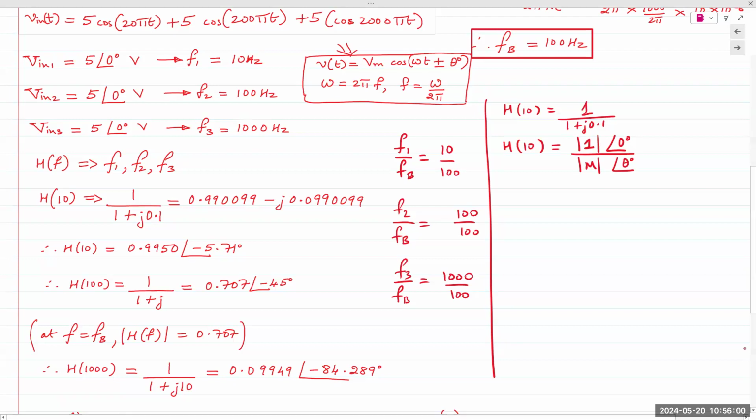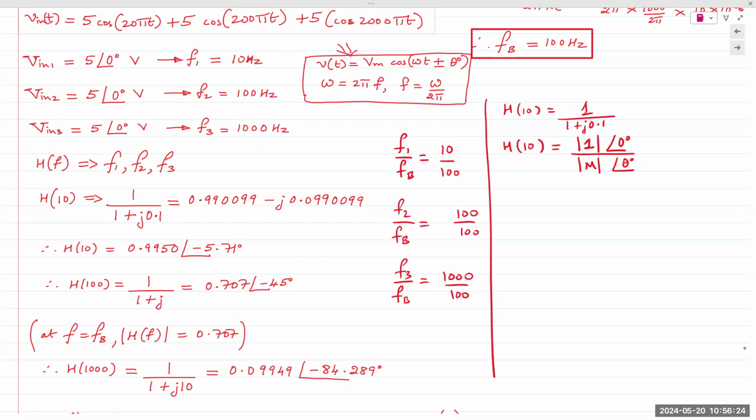The reason I've taken so many decimal places is to get a more precise value, just to show that there is a degradation of the signal. Even though we are on the low frequency side, meaning if you apply a 5-volt signal, we should obtain 100% of 5 volts at the output, right? But that's not the case.